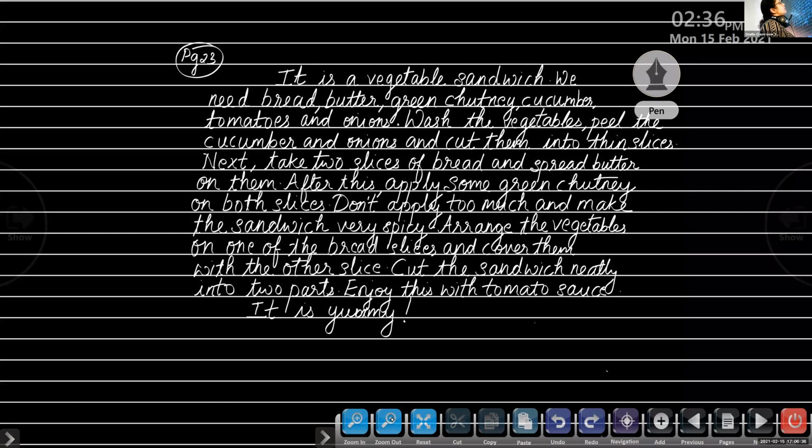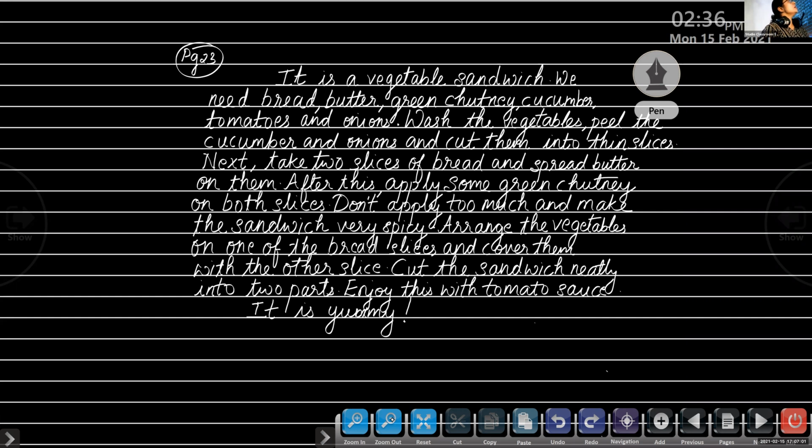Adhika, can you read what you have written? Just read it loudly. Yes, ma'am. It is a vegetable sandwich. We need bread, butter, green chutney, cucumber, tomatoes, and onions. Wait. Hold on. How did I ask you to pronounce that word?